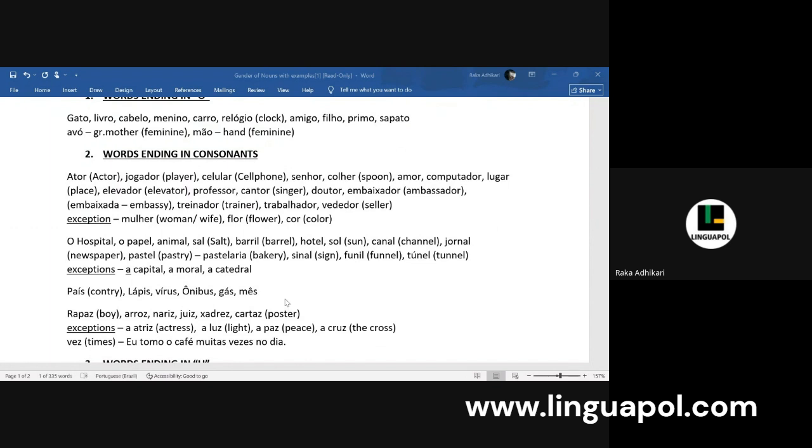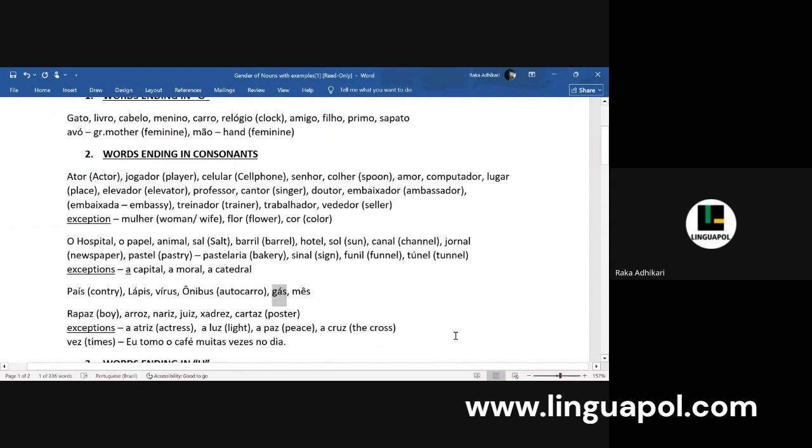Now, ônibus means bus only in Brazilian Portuguese. That is, we use this word in Brazilian Portuguese. In European, we use the word autocarro. I'll put it in the bracket here. We don't use ônibus in Europe, in Portugal. So the word ônibus is used in Brazil, whereas in Portugal for bus, we use autocarro.